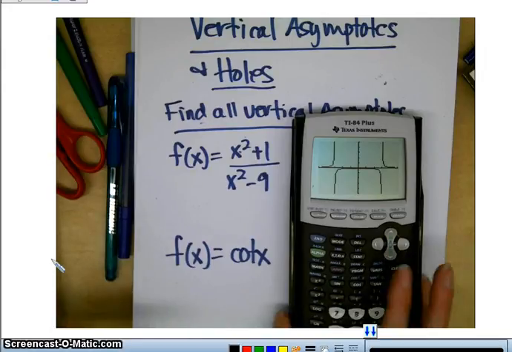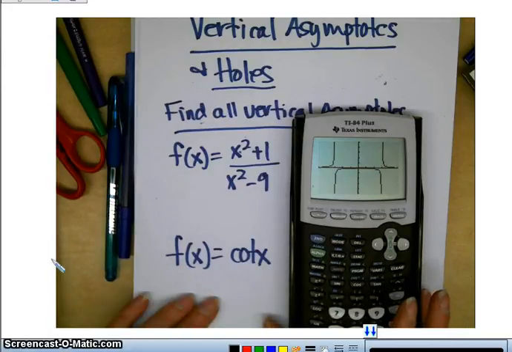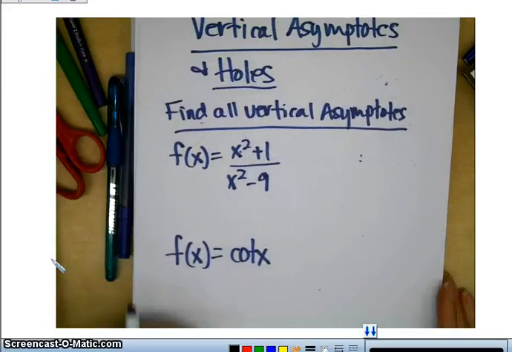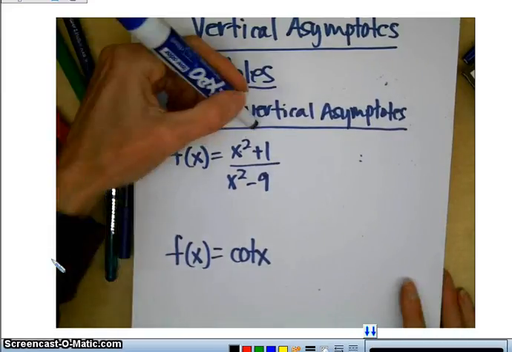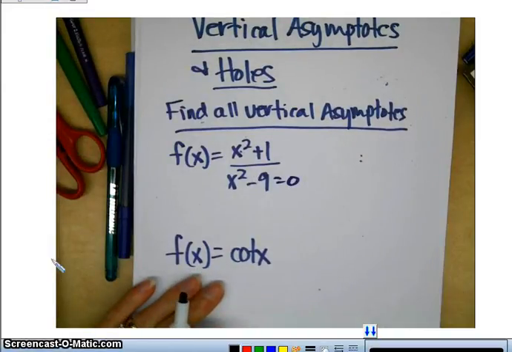X values that aren't in the domain can create asymptotes where the function is not defined, also where the function is not continuous. Those are all places you can have vertical asymptotes. And these are really easy to find. In a rational function, the vertical asymptotes will be where the bottom is equal to 0.